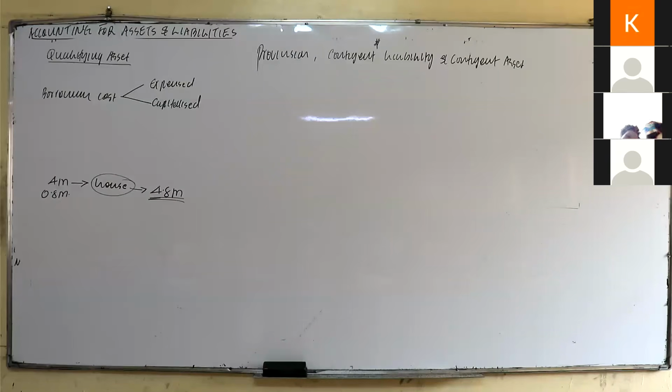What is a contingent liability? Discuss that. It's a possible obligation. Can you write possible? Yeah, it's a possible obligation that arises from the past event and whose existence will be confirmed only by the occurrence or non-occurrence of uncertain future event, not wholly within the control of the entity. Let's read again.